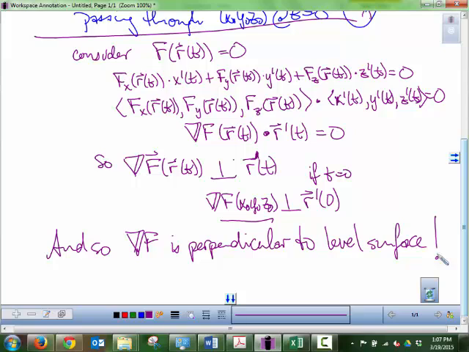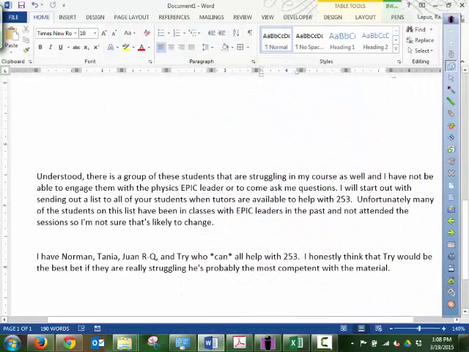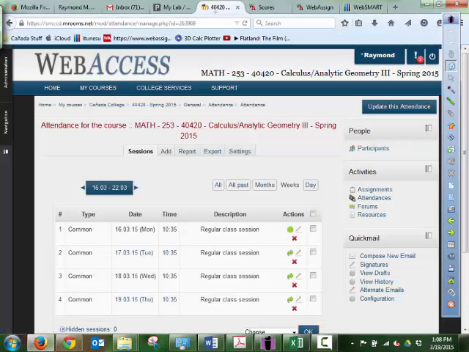How is this different from what we did yesterday? Yesterday, as Brian said, the gradient is perpendicular to a level curve.